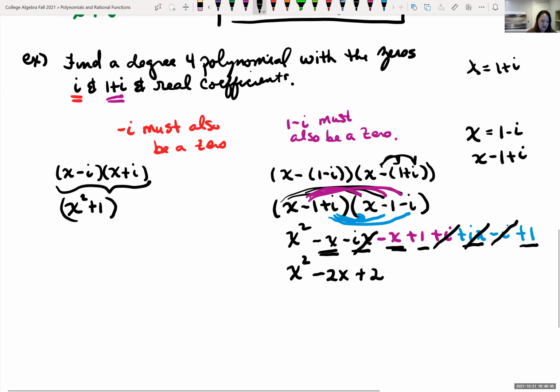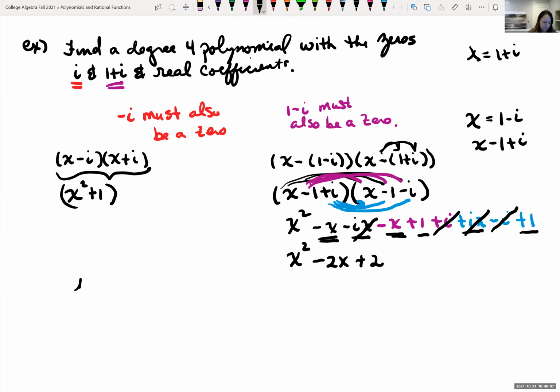So far, we have a polynomial that has those zeros: the x squared plus 1 factor, which has the zeros i and negative i, times the factor x squared minus 2x plus 2, which has the complex zeros 1 minus i and 1 plus i.